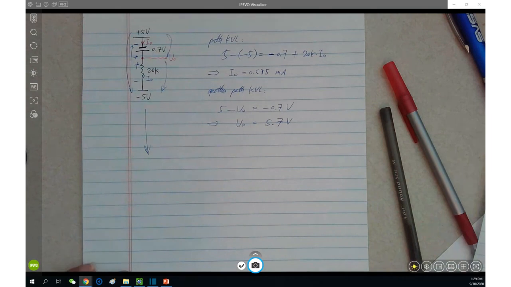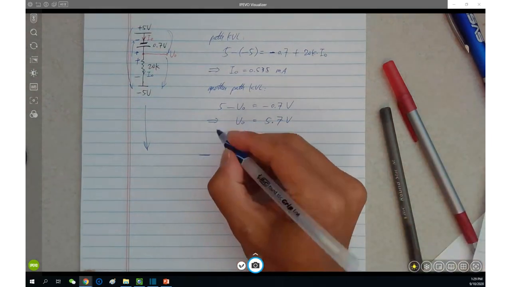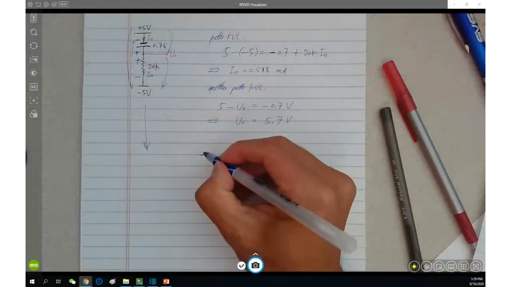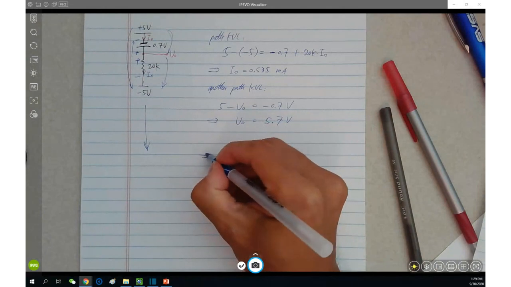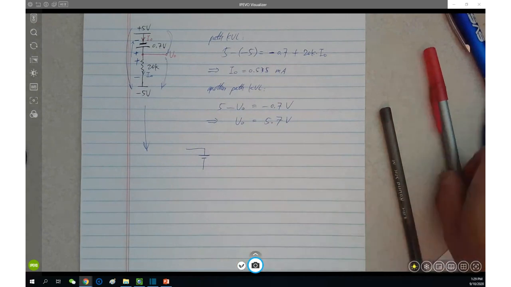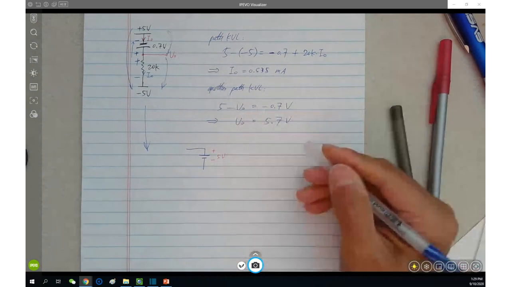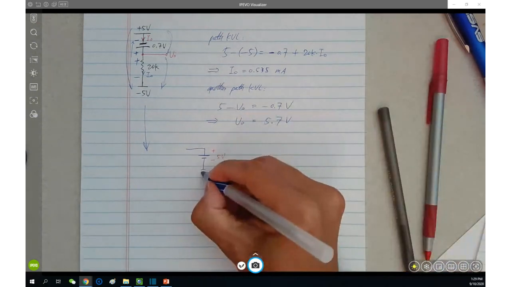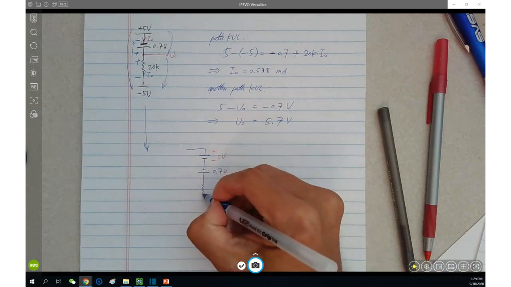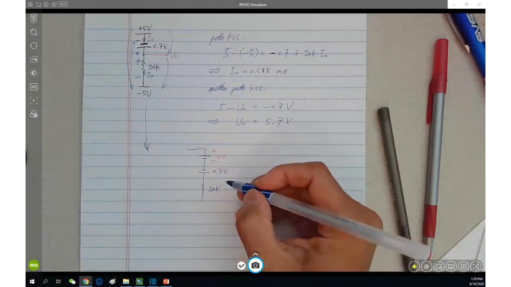So it's like this, right? So the key is the 5 volts, how to interpret the 5 volts. This is the 5 volts on the top. This is 0.7 volts remains. So does the 20 kilo ohm resistor.